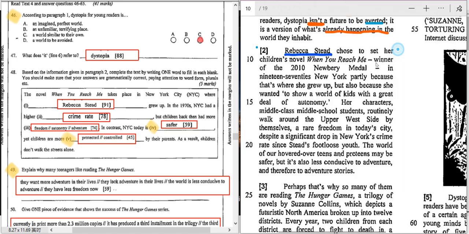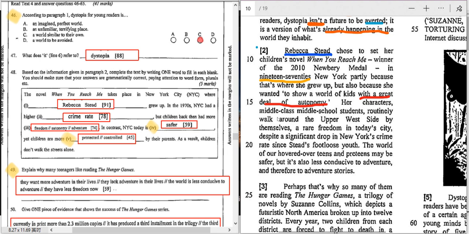We find some other keywords there, like 1970s. With a great deal of autonomy. So they had a lot of freedom, a high degree of freedom. If you go through the paragraph, you would find that in the older days, they had a great deal of self-autonomy, a great deal of freedom.